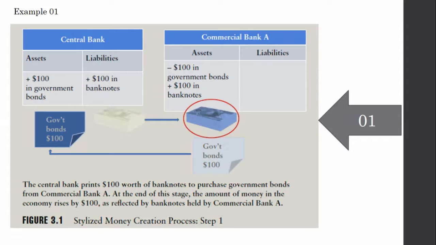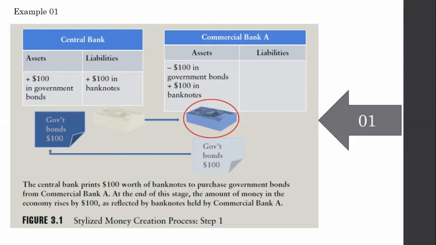The government bonds account should be decreased, or credited, by $100. But when they sell this government bond to the central bank, they receive the bank notes in return. So the bank notes are now with commercial bank A. The bank note is an asset, and it will increase assets by $100.